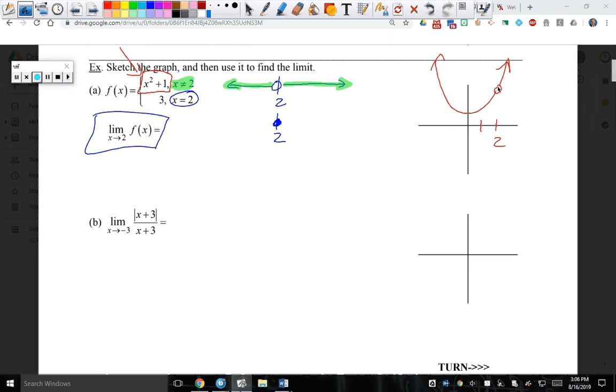Now, can someone tell me what would the y value, if it existed, what would the y value have been if 2 existed on this graph? What would it be? Anyone, just say it out loud. 5. So to me, because look, if x equaled 2, 2 squared would get 4, plus the 1 would give you 5. No worries. So look at this.